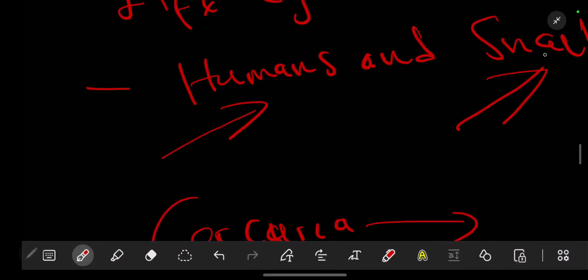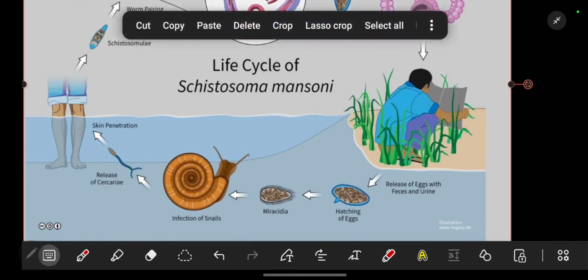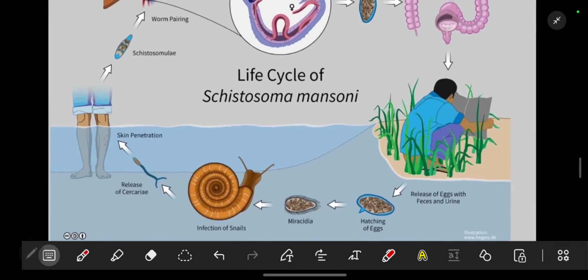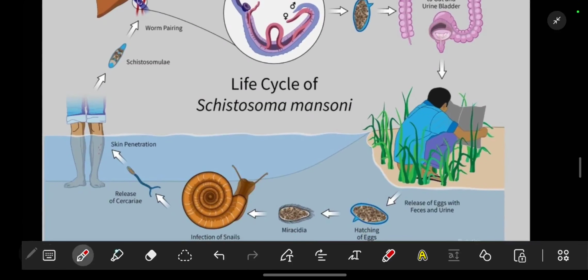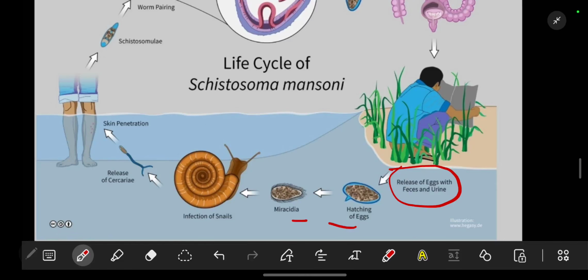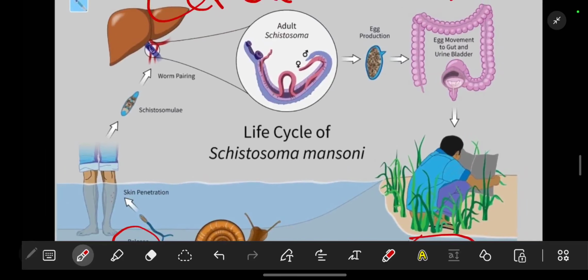So there are a lot of ways. Depending on which one your professor wants you to start with, others might start with the release of eggs with the feces. Then the eggs hatch into miracidia. The miracidia will penetrate the snail. From then the snail will release the Cercaria. From there they penetrate the human.